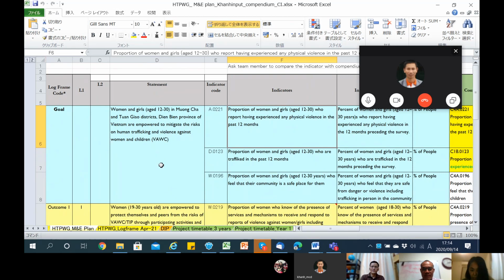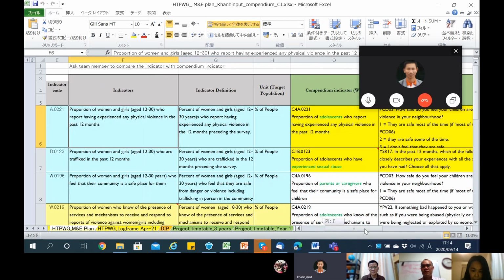When we say violence, it includes physical and psychological abuse, exploitation, neglect, and trafficking is also a part of it, and early forced marriage is also one of them. Kai, I think you can add more about these definitions.